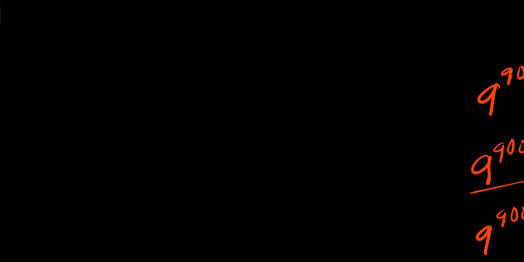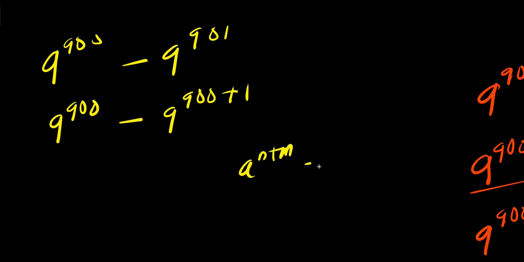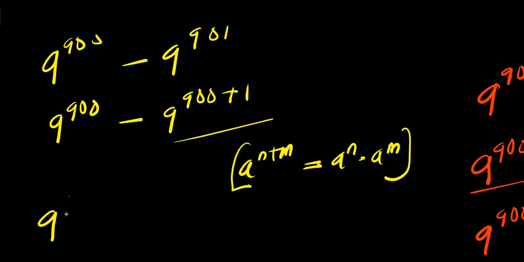This last method is without making use of natural log. If you have 9^900 minus 9^901, I can write 9^900 minus 9^(900+1). I have a^(m+n) equals a^m times a^n. Applying that here, I have 9^900 minus 9^900 times 9^1.